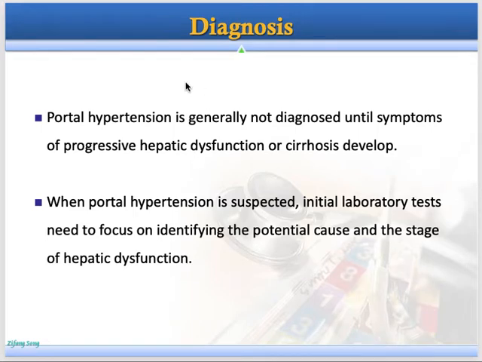The diagnosis of portal hypertension is generally not made until symptoms of progressive hepatic dysfunction or cirrhosis develop. And once the signs and symptoms start appearing, then of course our investigations are more directed towards knowing how much damage is done, or what the extent of the hepatic dysfunction is.